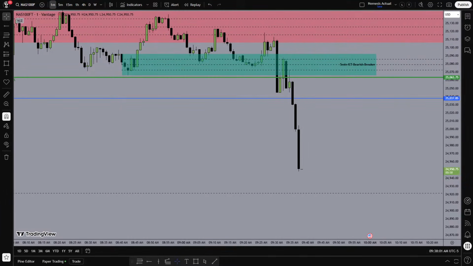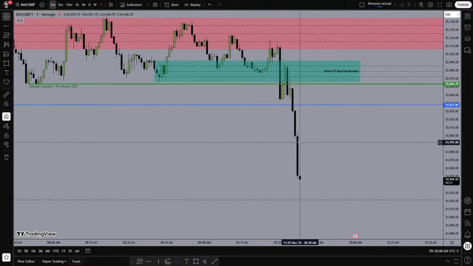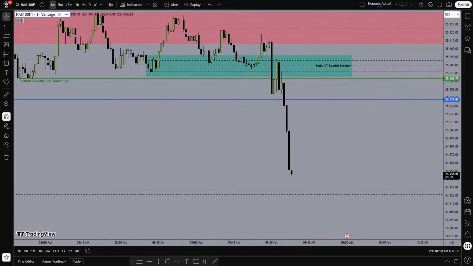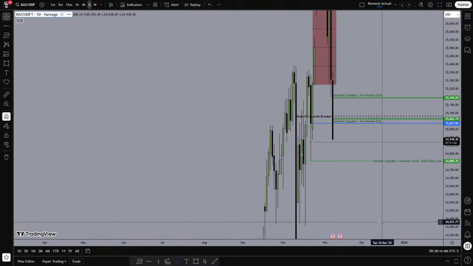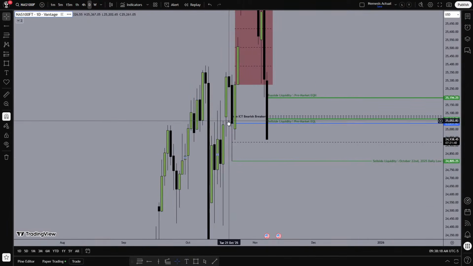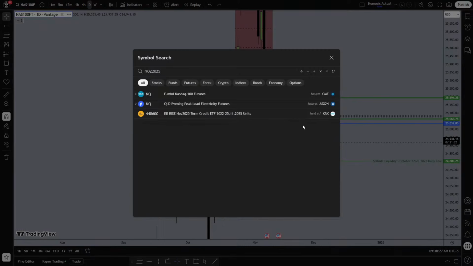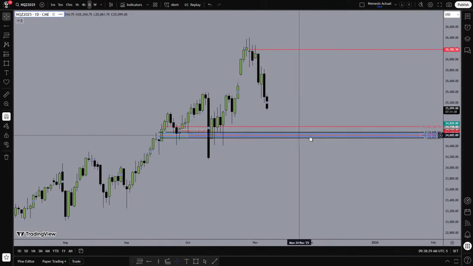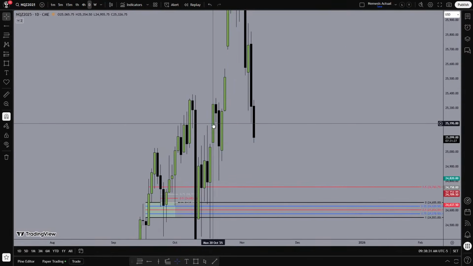I did it like you said. I just included both of the volume imbalances. Okay, now we're gonna hit the consequent encroachment too, the one that price has dropped in right now. Wait, this one. I don't know about the NQZ. This fair value gap.